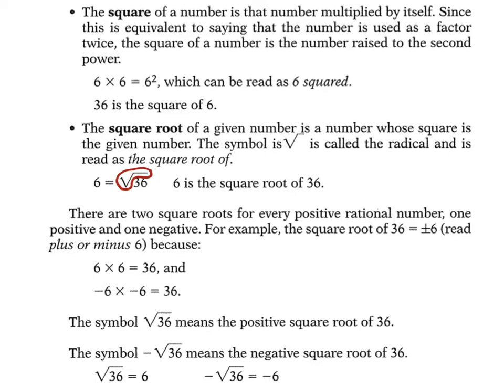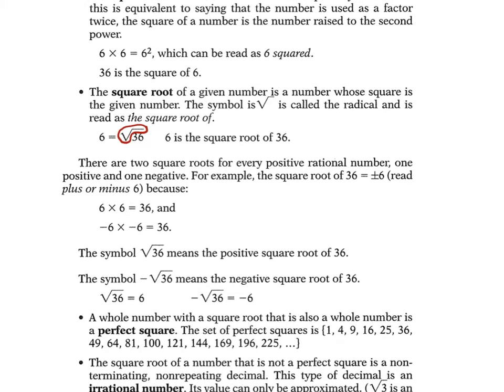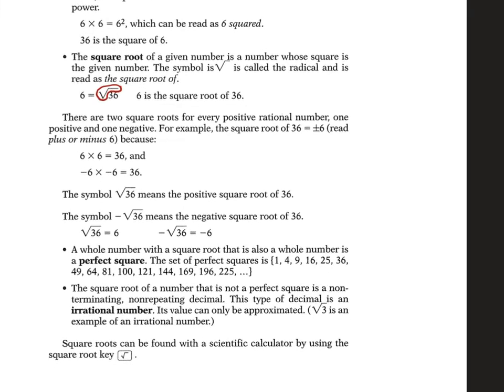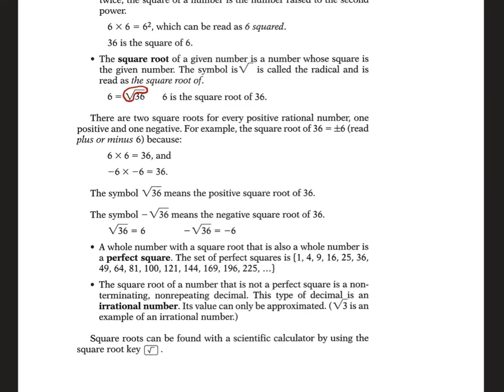It's represented as the square root. So again, you are finding the number times itself. That's the number that equals the number underneath that radical. A perfect square is a number that you can take the square root of. So for example, we have 1, 4, 9, 25, 16, 36, 49, 64, so on.